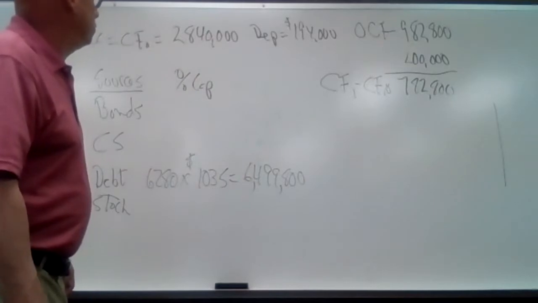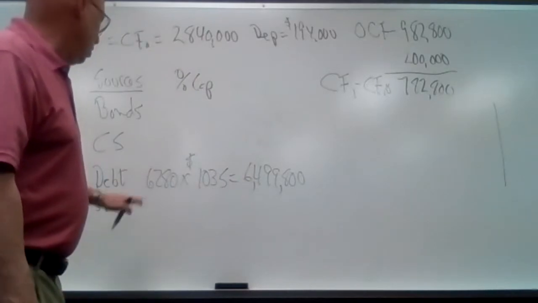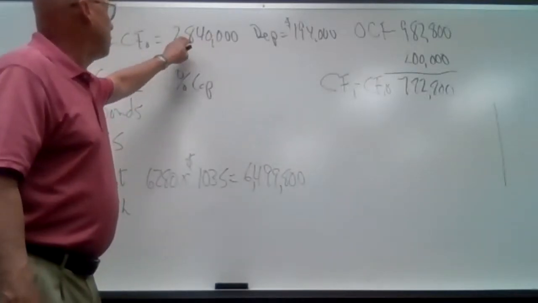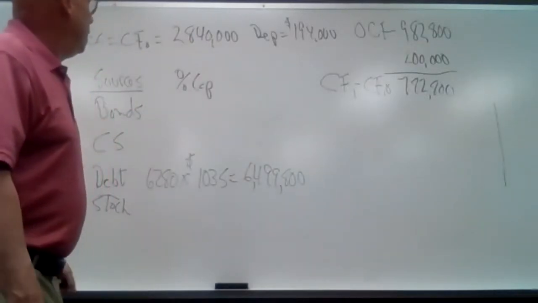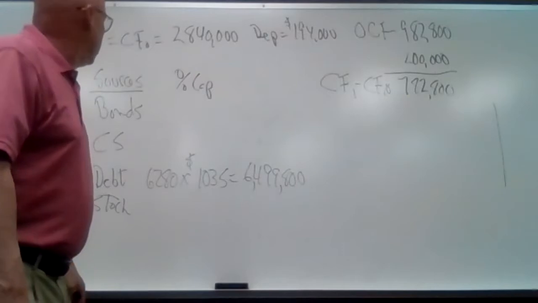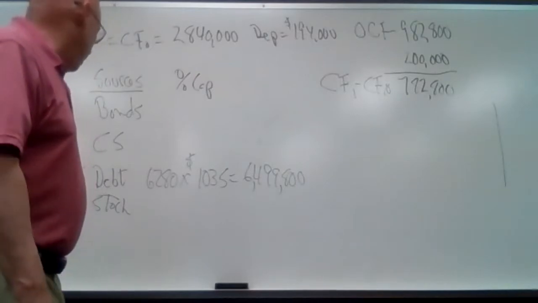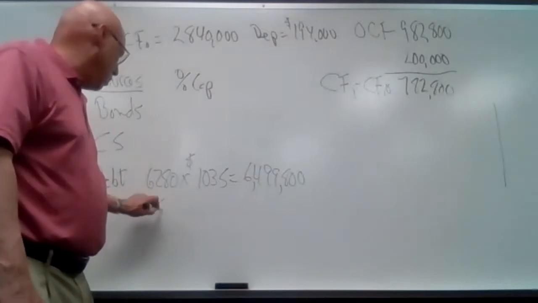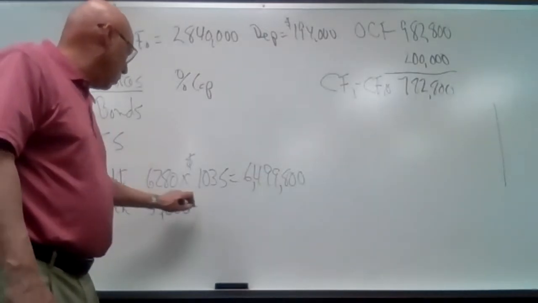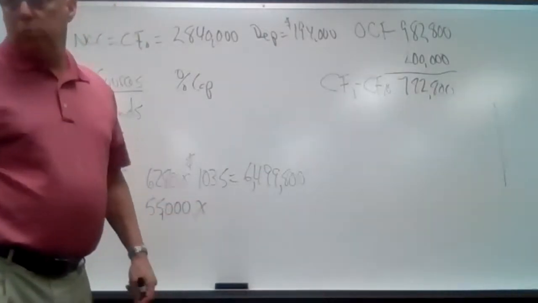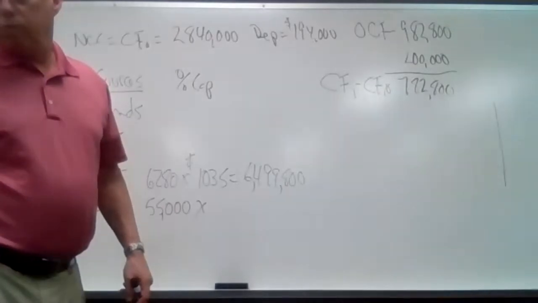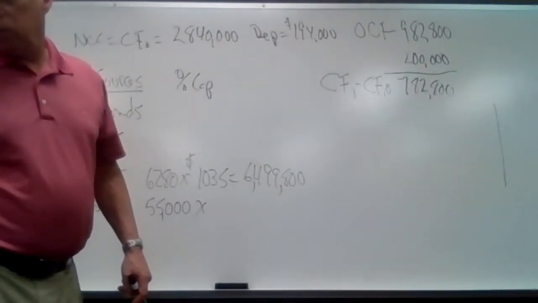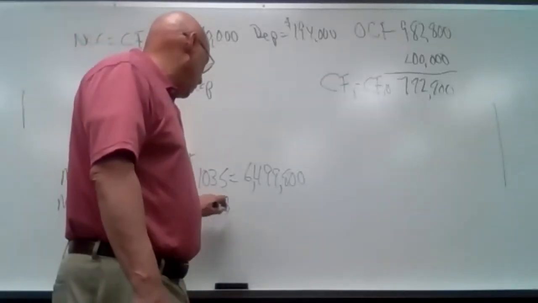Well, that's their capital structure for the overall company. A lot of times the amount of capital that you have in here is equal to your net working capital and your net capital spending. All right, how many shares of stock do we have? 55,000 shares times, where's the current price? $63.64.